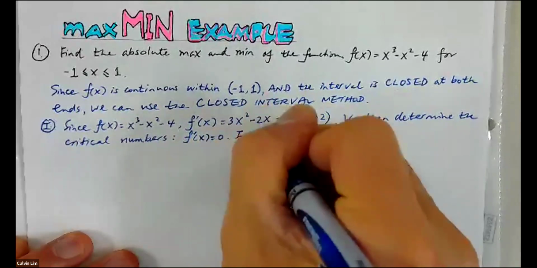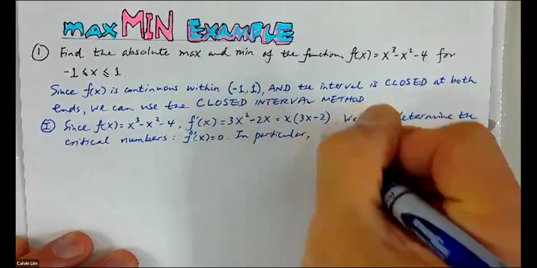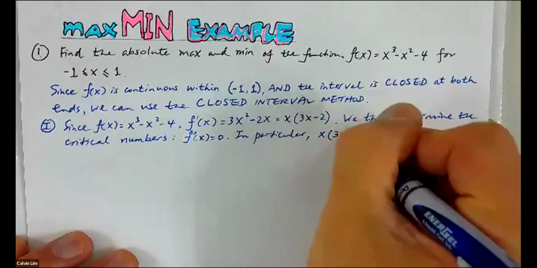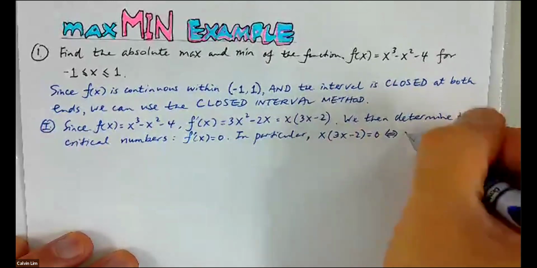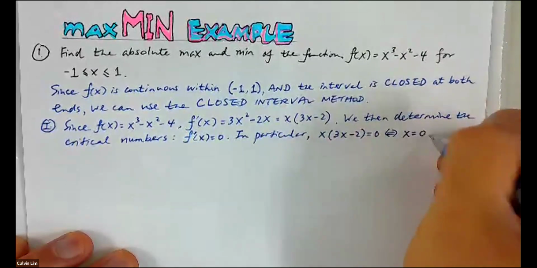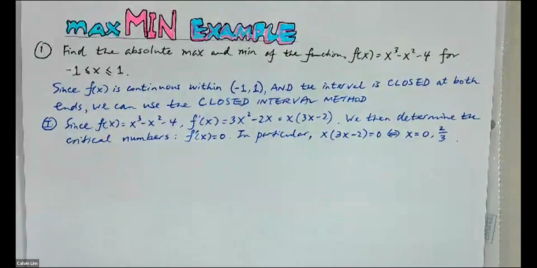In particular, x times 3x minus 2 is 0. Solving gives us x values of 0 and 2/3. So we have two critical numbers, or two critical points.